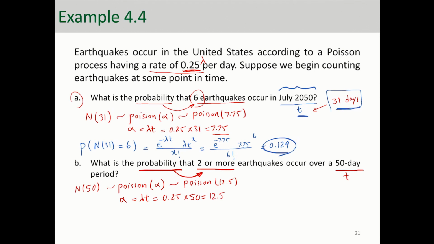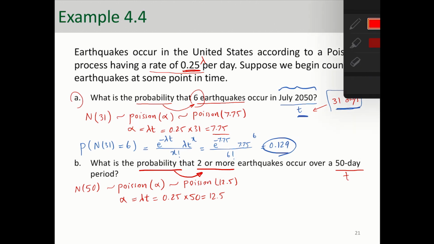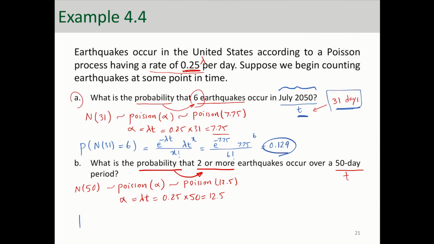That's how you define your random variable. If you're asked later to define your random variable, you're going to have to define it this way. And now the probability that we're calculating is the probability that N50, the number of arrivals in 50 days, is 2 or more. So that means greater than or equal to 2.